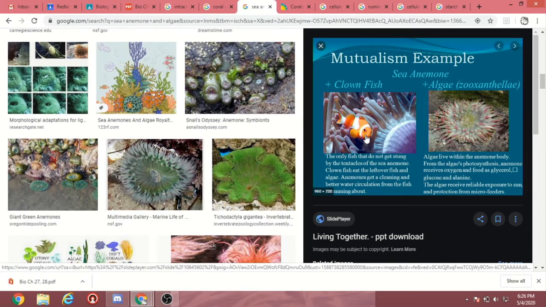The clownfish benefits from the protection, and the sea anemone benefits because the clownfish will attack other organisms that would be bad for the anemone. Anemones get a cleaning, basically, and better water circulation from the fish that are swimming in and out around the tentacles. Most fish would die if they were around those tentacles, but clownfish have an immunity to the stinging nettles there. All right, cool.